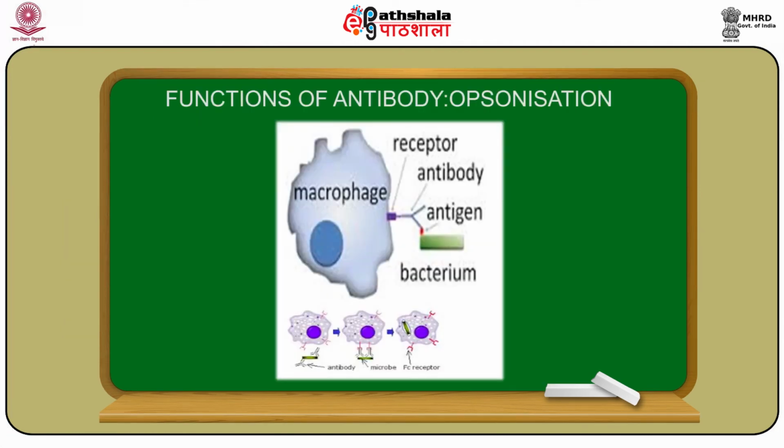Now about the effector functions of the antibodies. They neutralize the toxin, agglutinate the cells having surface antigens, or precipitate the antigen. They coat the bacteria to be easily phagocytosed by the macrophages. This process is called opsonization.